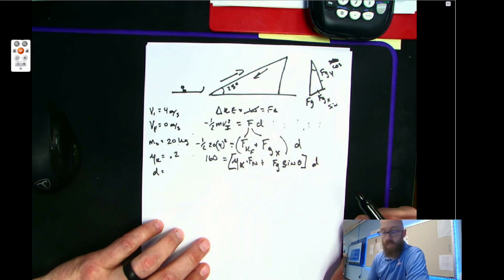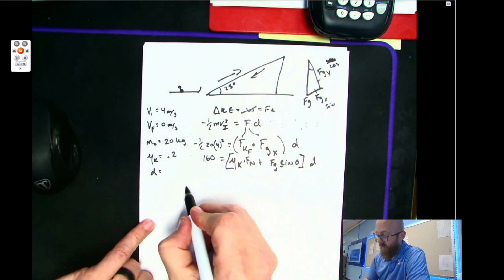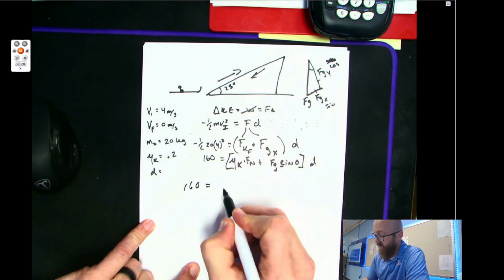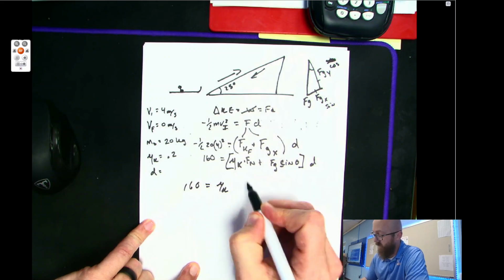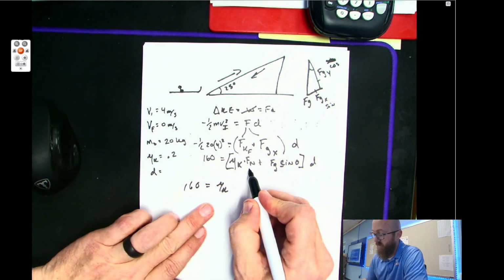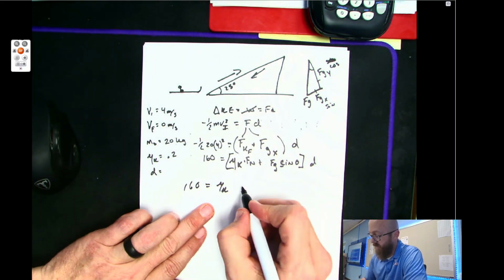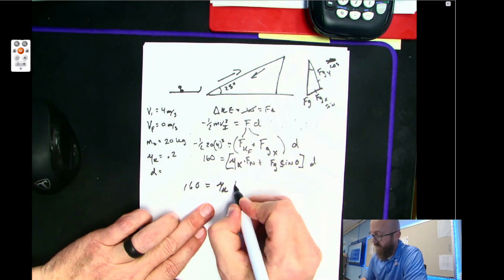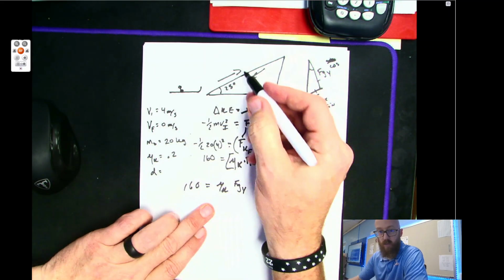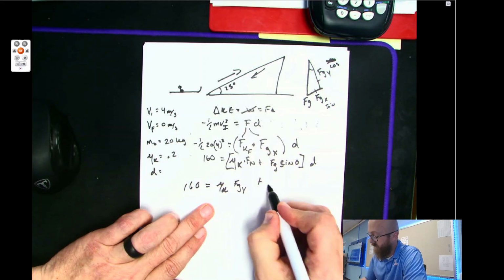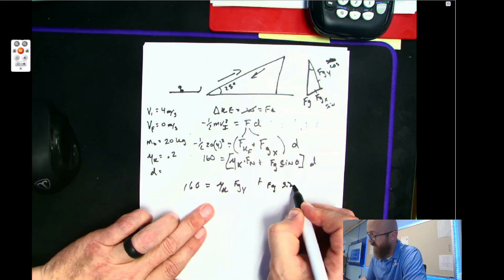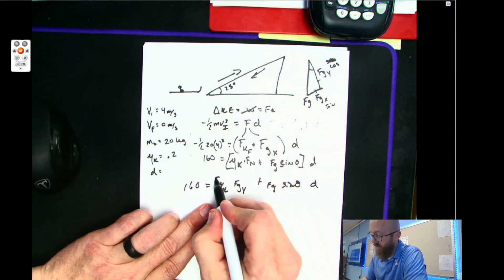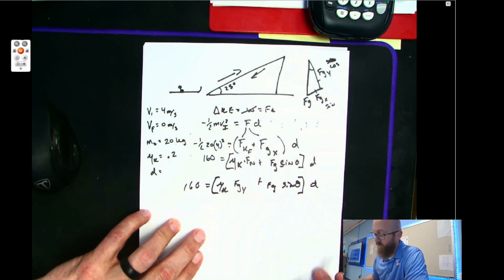This one's going to get long and tedious because you still have the 160 equals the coefficient of friction times F of n. Well, F of n is really F of g of y because it's up and down, plus F of g sine of theta times the distance. Wow, my handwriting's horrible with this big marker.